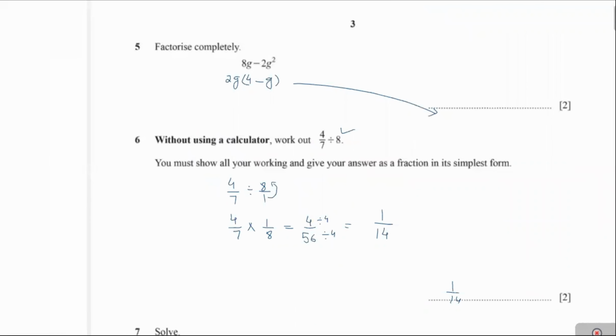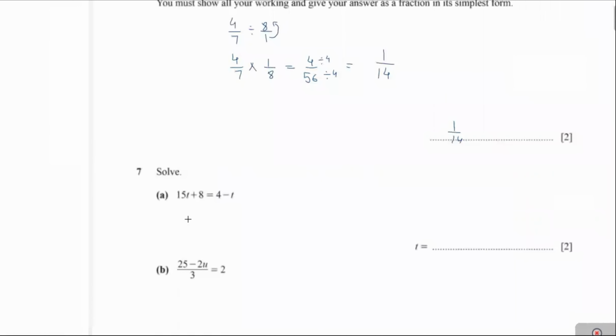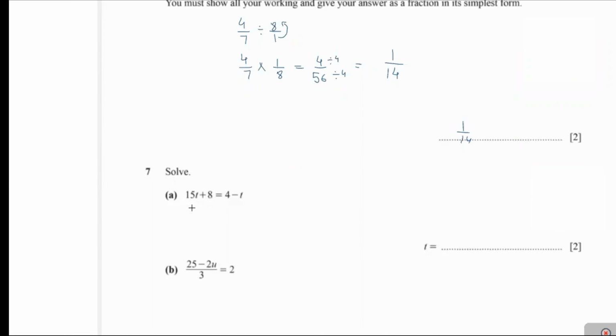Next is question number 7. In this question, part a: 15t plus 8 equals 4 minus t. Firstly, we shift the constant plus 8 from the left to the right side. That becomes 15t equals 4 minus t minus 8.